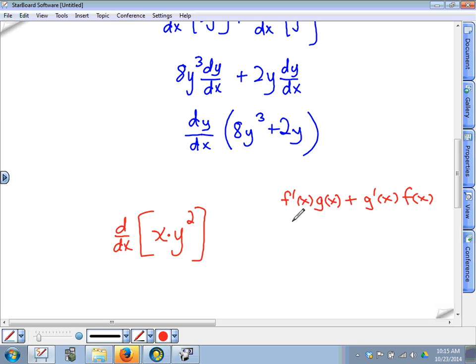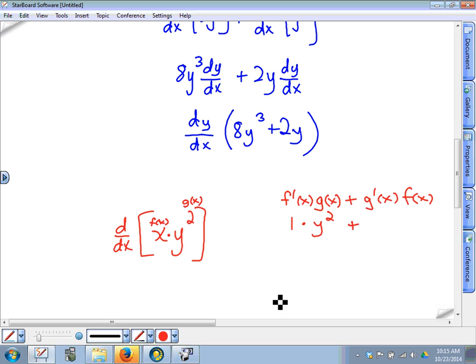If we're considering this to be f of x and this is g of x, then what's the derivative with respect to x of x? It's just 1. We don't need a dy dx because there wasn't any y associated with that part of the function. You guys follow? And now we multiply that by g of x, which is y squared.